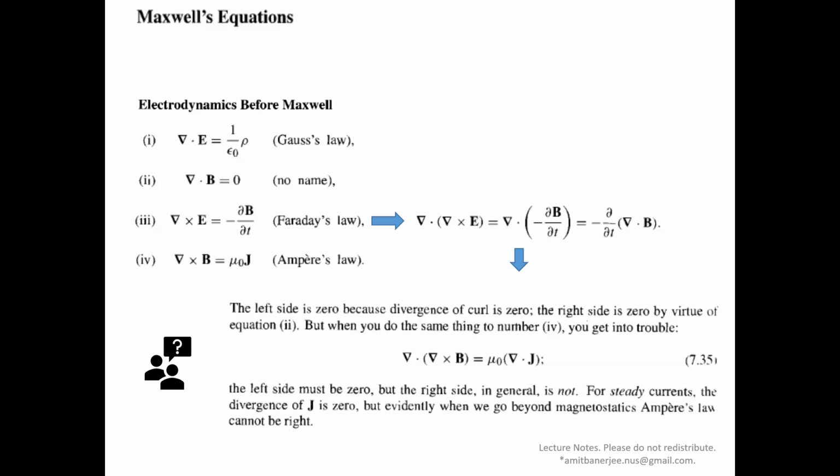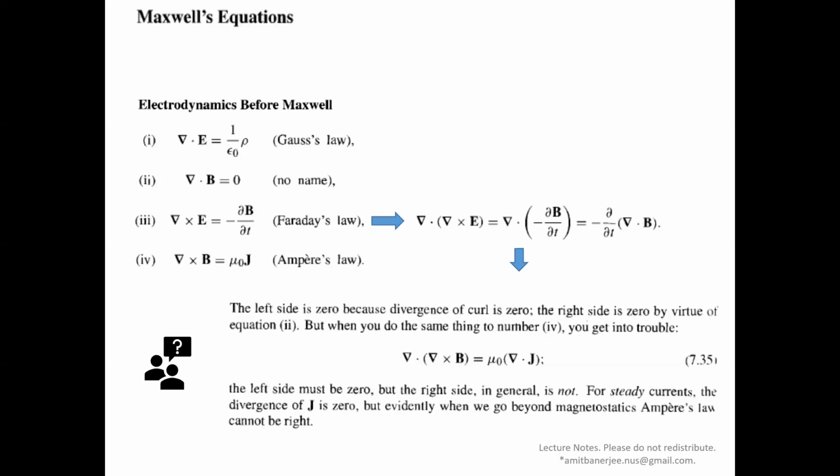So the question here is, for Ampere's law, when we try to do the same operation on both sides, we see that the left side goes to 0, but the right side does not.